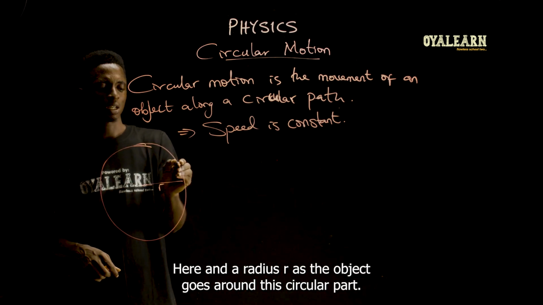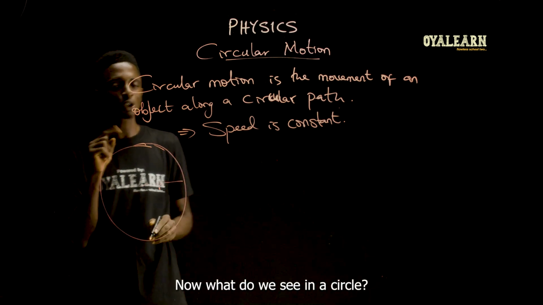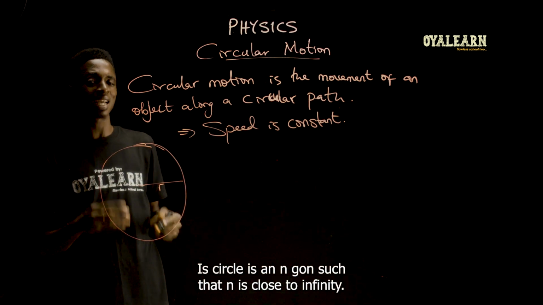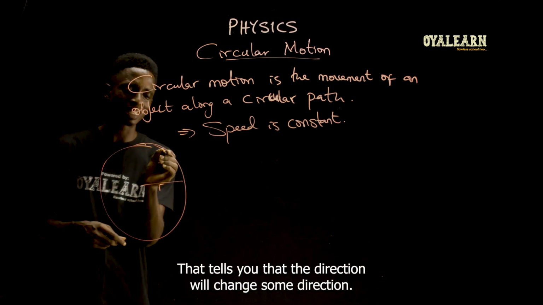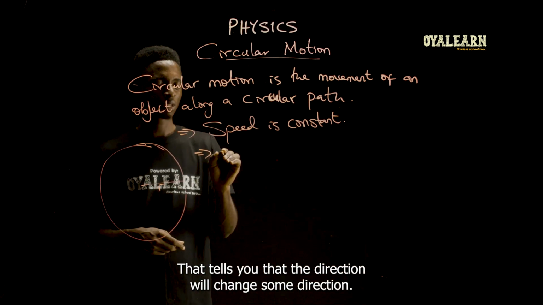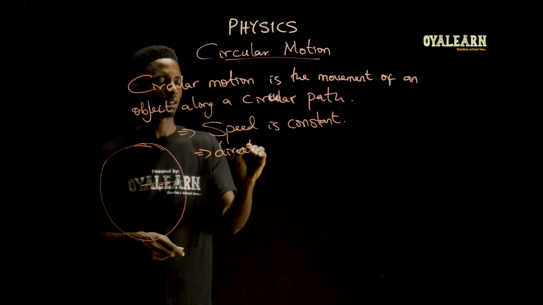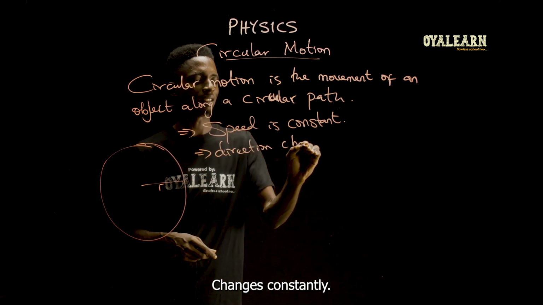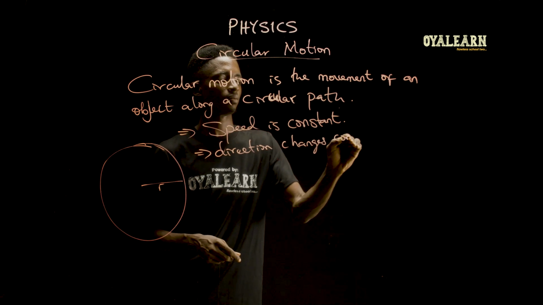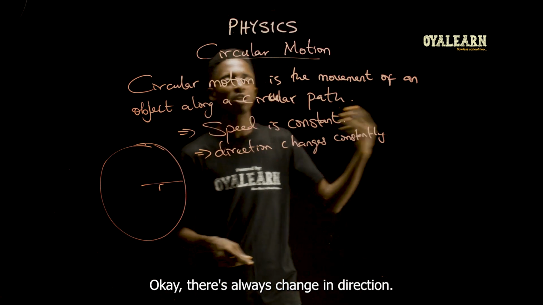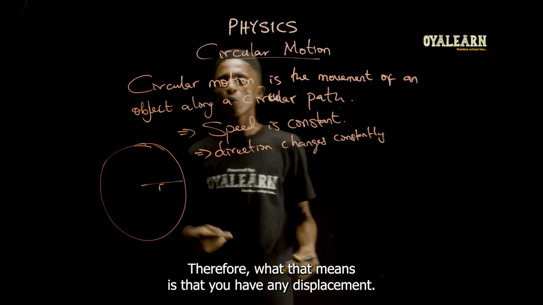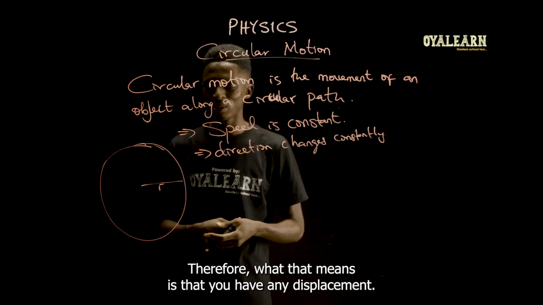As the object goes around this circular path, now what do we see? A circle is an n-gon such that n is close to infinity. That tells you that the direction will change. Direction changes constantly. There's always change in direction. Therefore, what that means is that you are having a displacement.